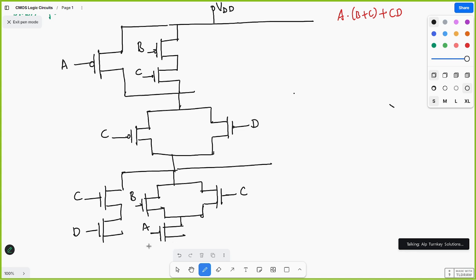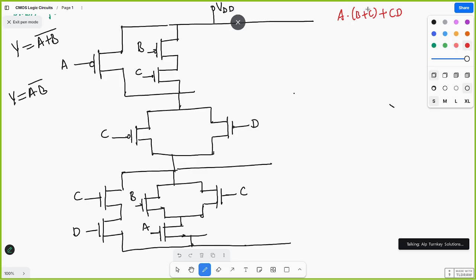So here you got all the expressions: A and (B OR C) plus CD. All of these are connected to ground. Now you need to implement the complement. A OR B whole bar you implemented directly, and A AND B whole complement you implemented, but here in the Boolean expression no complement is given.